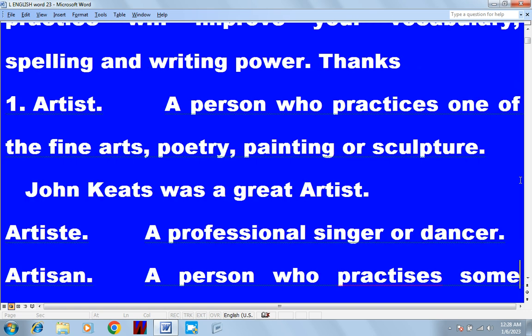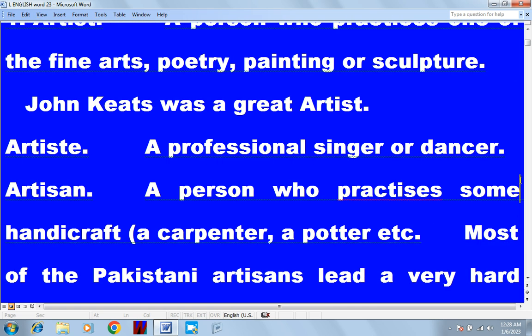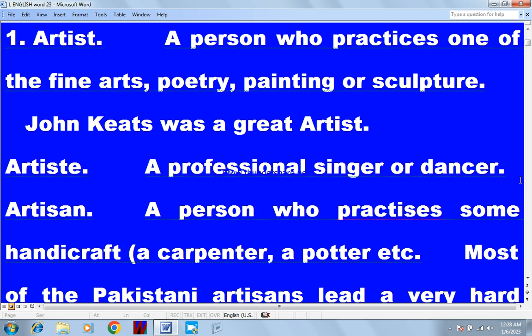Okay, thanks. Now number 1, artist. You must remember the spelling of artist. There is only very slight difference. One word is artist and another word is artiste, and there is only one addition of E. Difference is only E. Artiste, artist, A-R-T-I-S-T, artist.